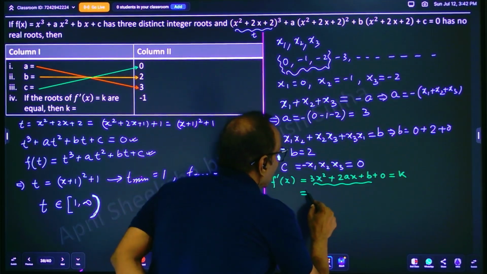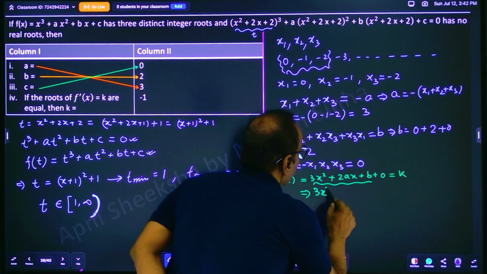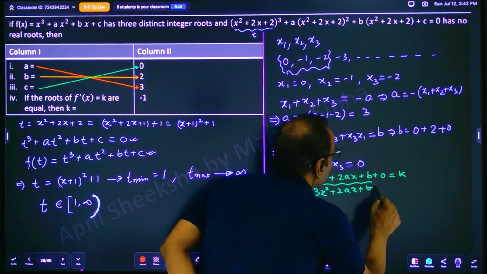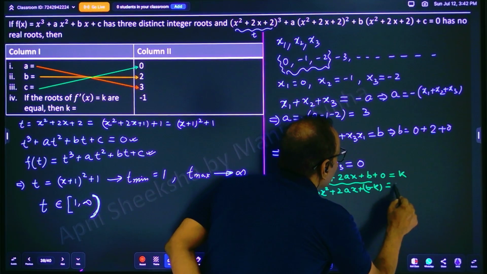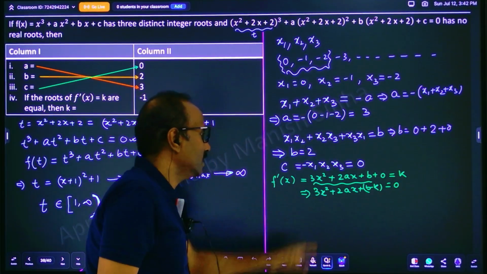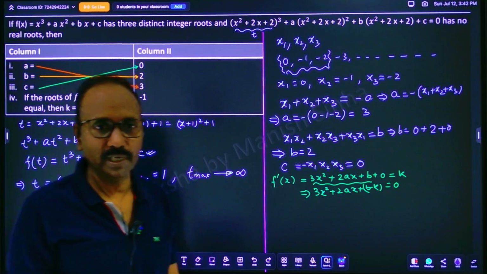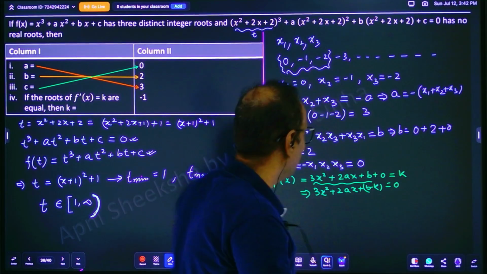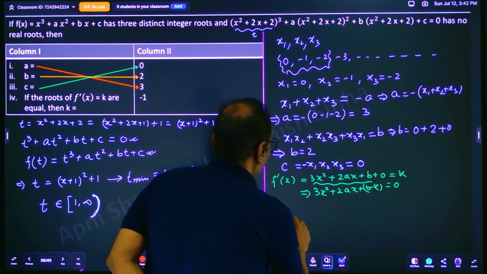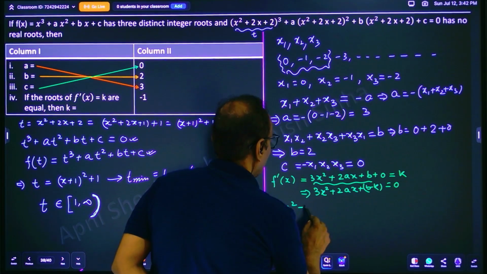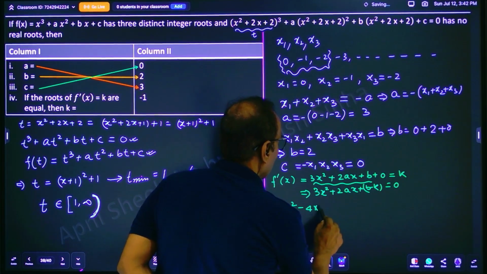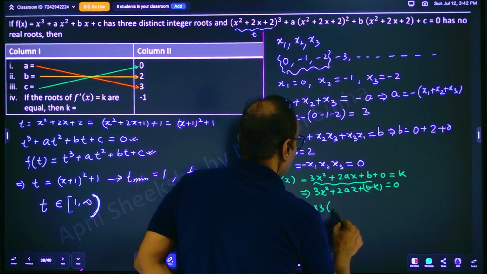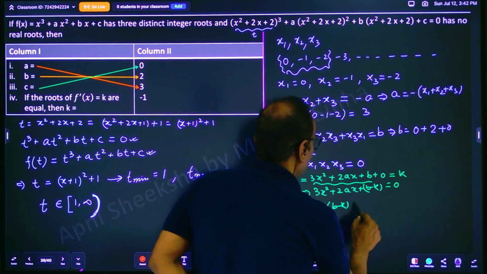So your equation has become 3x square plus 2ax plus b minus k is equal to 0. Now this equation is having equal roots, and this is a quadratic equation, so the determinant should be 0. So make it 0. 4a square minus 4 into a is 3 into b minus k is equal to 0.